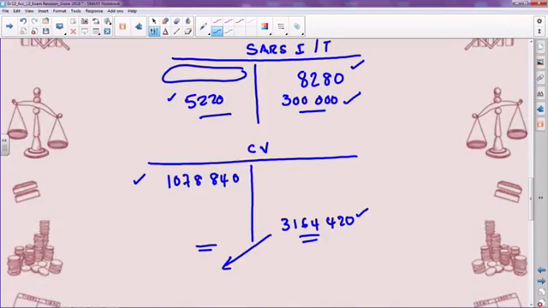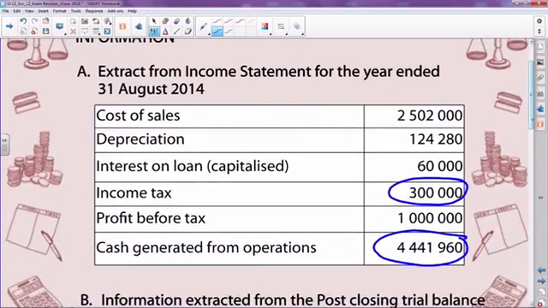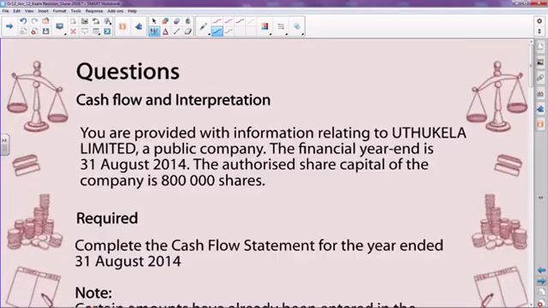What else do I need? When I'm working with carrying value, what else do I need in order to calculate the value of tangible assets purchased? Let's see from the information what I have. I've got depreciation of 124,280.